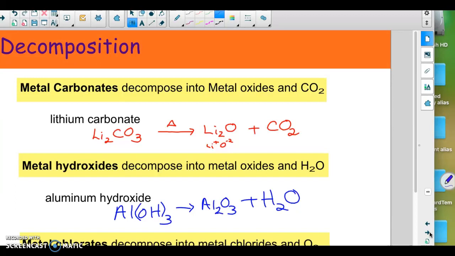We should balance this. So balancing it, we can see that we have 2 aluminum, so we would need a 2. And then we have 6 oxygen and 6 hydrogen. So we could put a 3 here. Now we have 6 hydrogen. We have 3 oxygen here plus these 3, which also gives us 6.